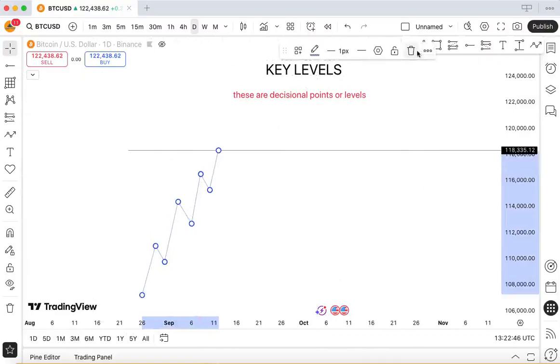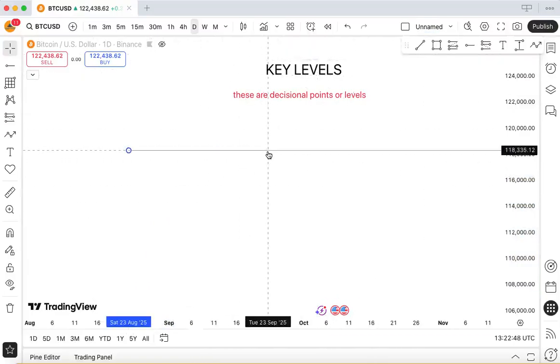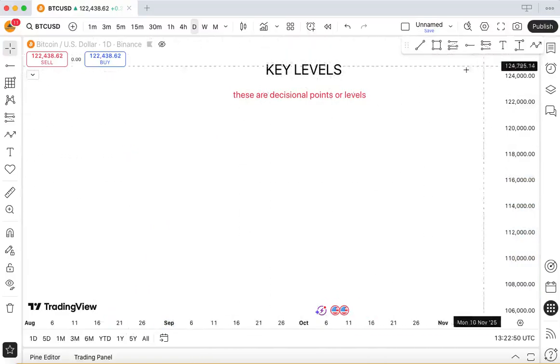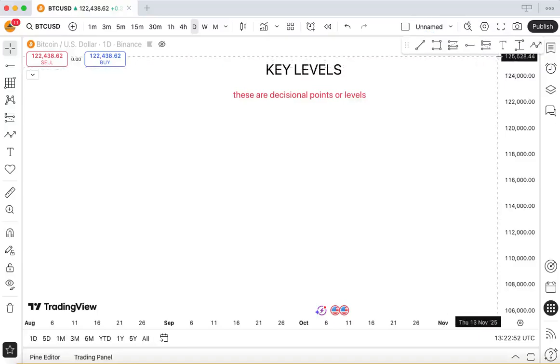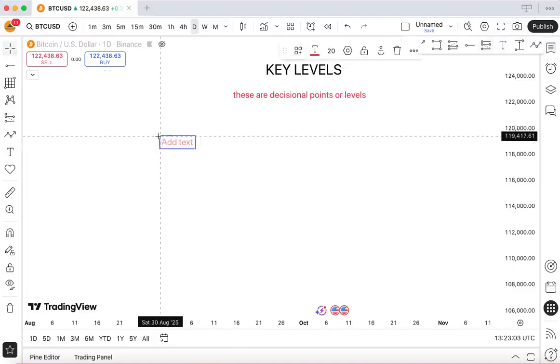So that is the simplest introduction I can give on key levels. Today we are going to learn how key levels look like and how we can use those key levels to trade.